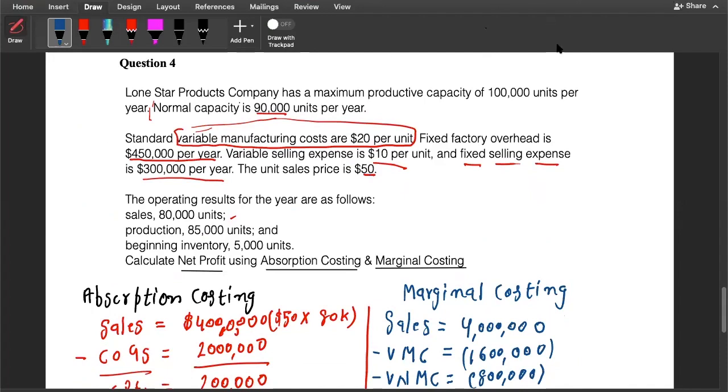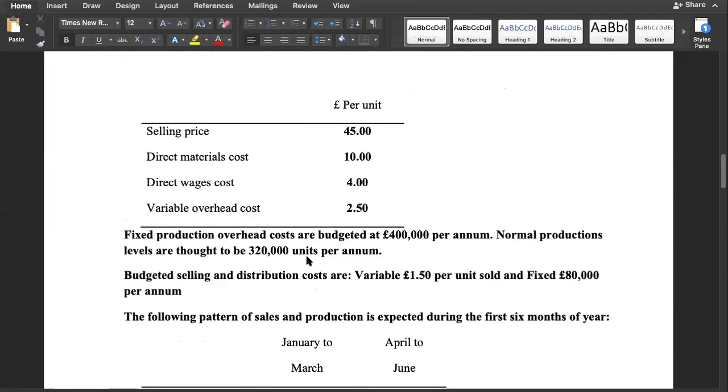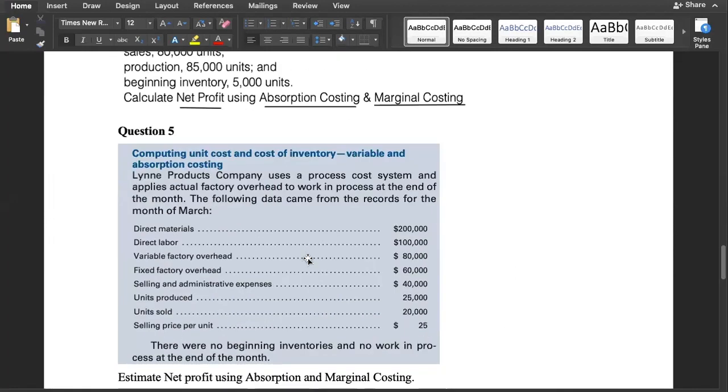So I'm going to give you more questions to practice, question 5 and question 6, and you will do the same absorption costing and marginal costing. All right, so let me send you the next one. As I said, in this session, we will only practice marginal and absorption costing. So I added 3 more questions.